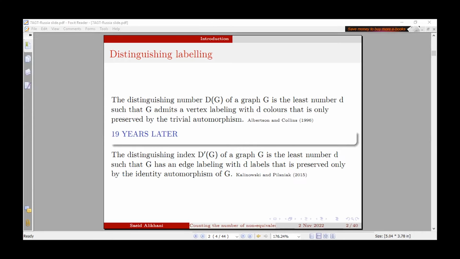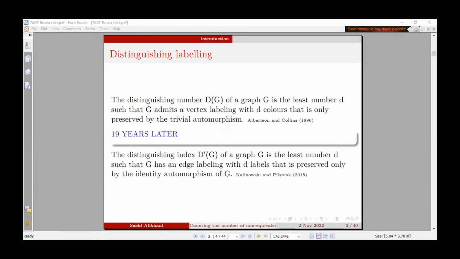And also we have this coloring for edge coloring of these paths. Note that again, by the definition of distinguishing coloring, I would like this coloring to be preserved only by the identity automorphism.